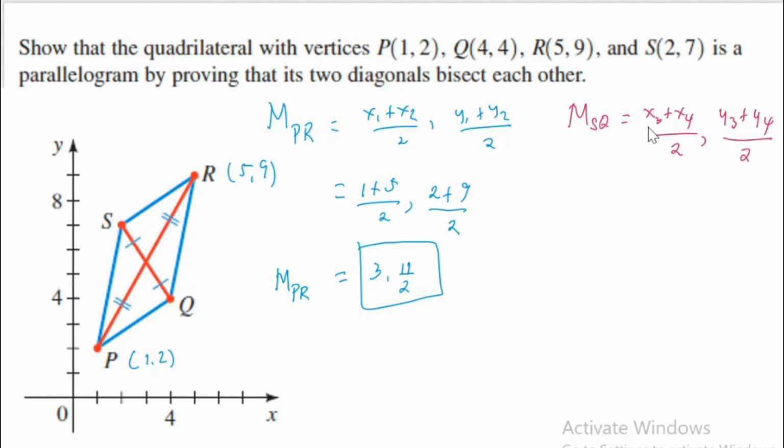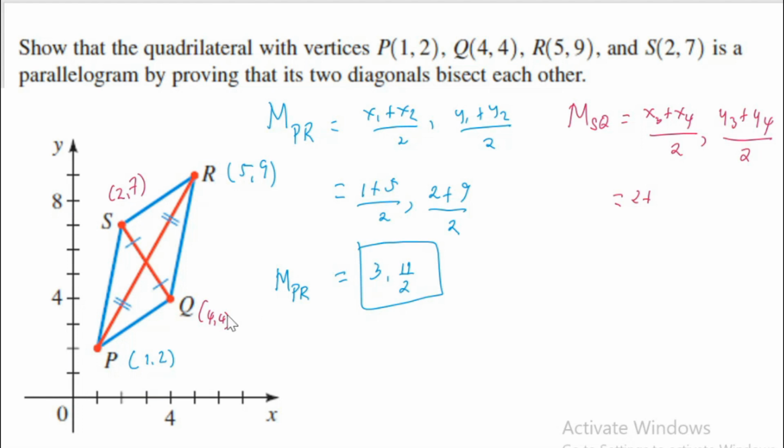I use x sub 3, x sub 4 to differentiate from the points of PR. In my example here, my point 1 is P, my point 2 is R, my point 3 is S, and my point 4 is Q. So point S has coordinates 2, 7, and point Q, my fourth point, has coordinates 4, 4.